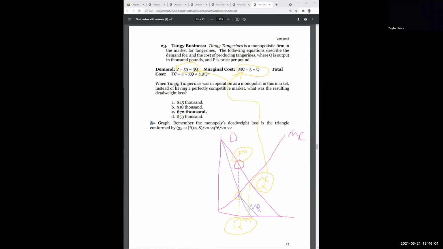So what you can do is, because you notice that marginal cost intersects marginal revenue at the quantity that the monopoly is producing, you plug this quantity into the marginal cost equation. Okay, got it. Yeah, but this is a tough one.